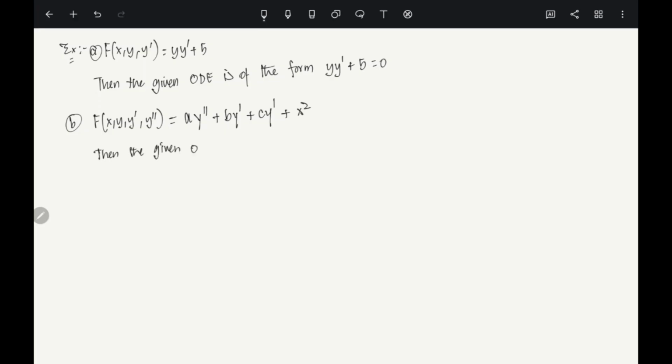It is dependent on, say, two variables, because a, I am assuming, is non-zero. Clear? So in this case the given ODE is of the form a y double prime plus b y prime plus c y plus x square equals 0. Clear? So this is another form of equation.